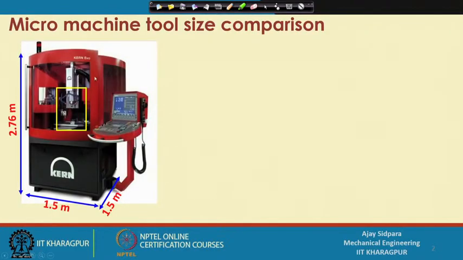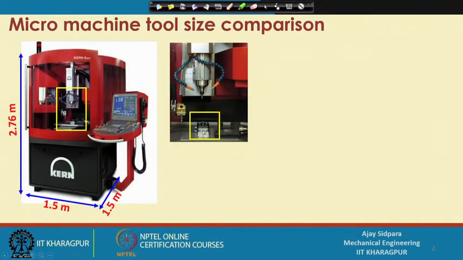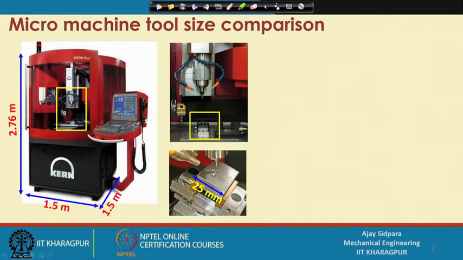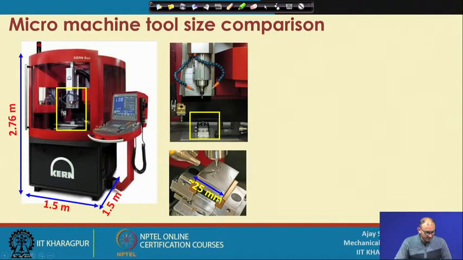So, this is also one of the micro machines which is available with us, and if you see the size, the height is almost 2.76 meter and the width and length are around 1.5 meter each. So, the size is very high, and if you see this particular spindle part, this is the spindle and this is the workpiece location where you can do some type of micro machining operation, and this is one of the components being machined in the same machine, and the size of the component is around 25 millimeter or something.